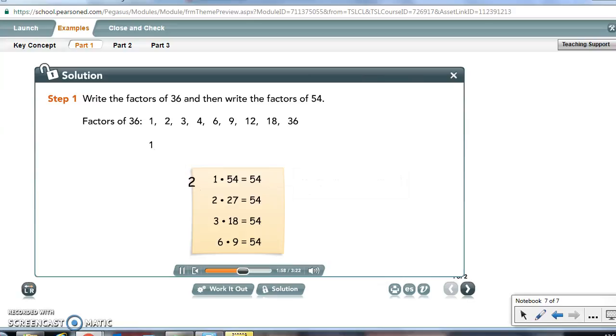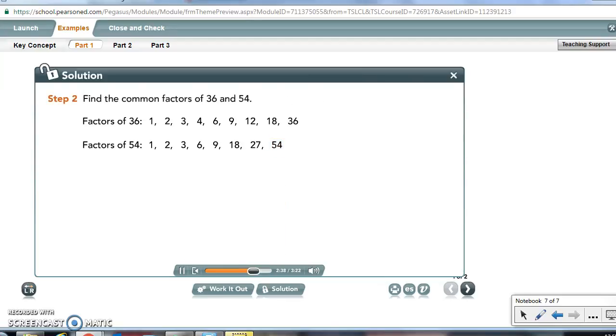Arrange the factors from least to greatest. So the factors of 54 are 1, 2, 3, 6, 9, 18, 27, and 54.